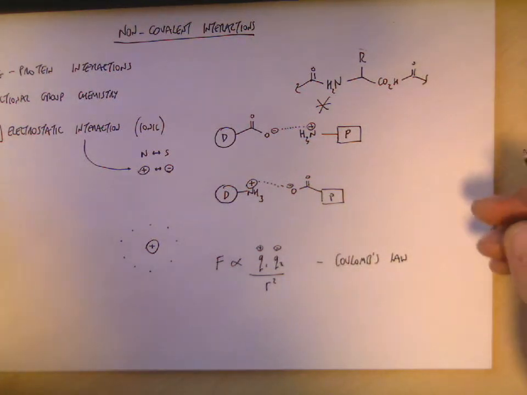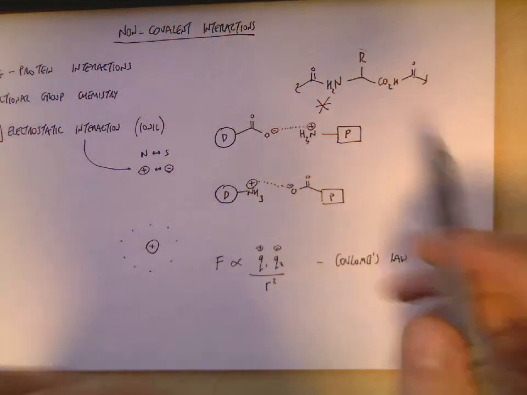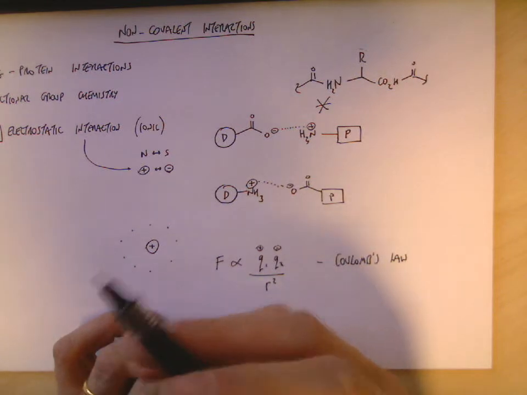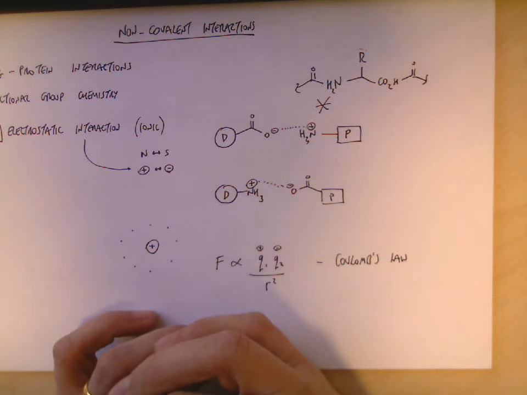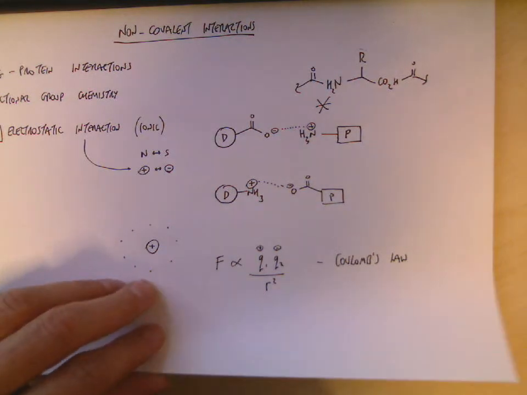So it tends to be a very strong interaction. And if there is an interaction between a positive and a negative charge in your drug and the protein, it's most likely going to be the most important initial interaction that your drug experiences. Okay, so that's electrostatic or ionic interactions.